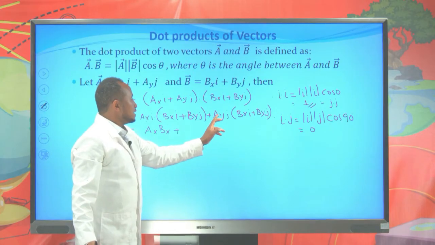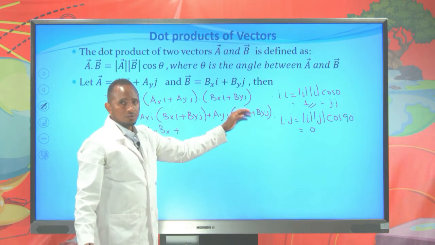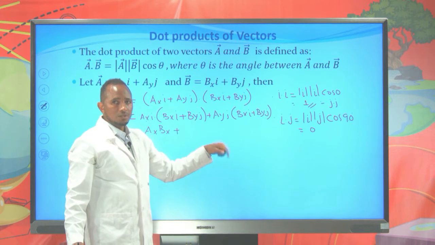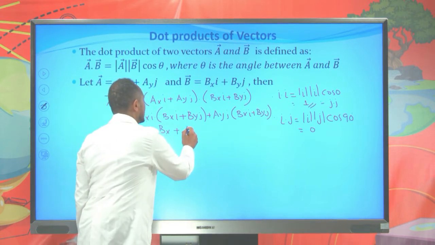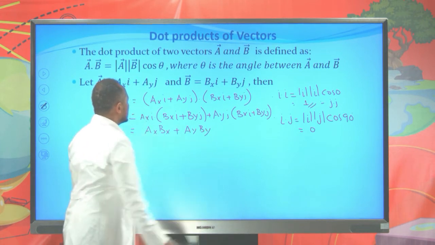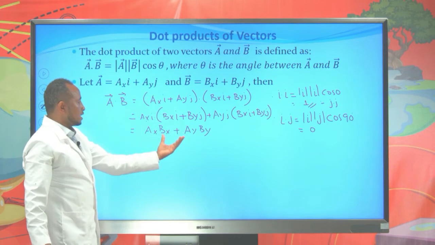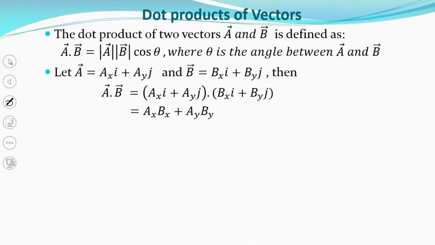The other part is A_y j dotted with B_y j, which equals A_y B_y times j dot j. j dot j is 1, so this is A_y times B_y. So the dot product of two vectors can also be evaluated using this equation: A dot B equals A_x B_x plus A_y B_y.